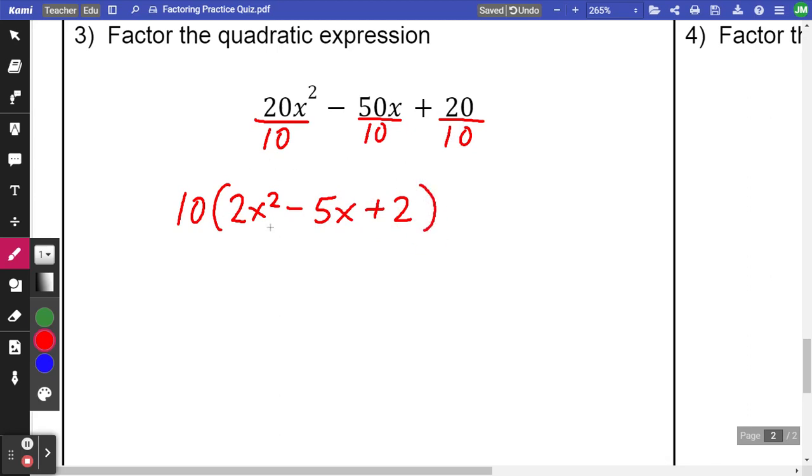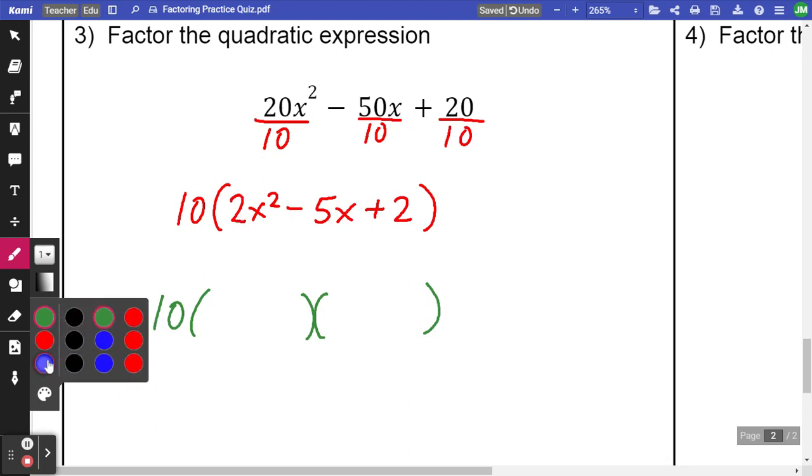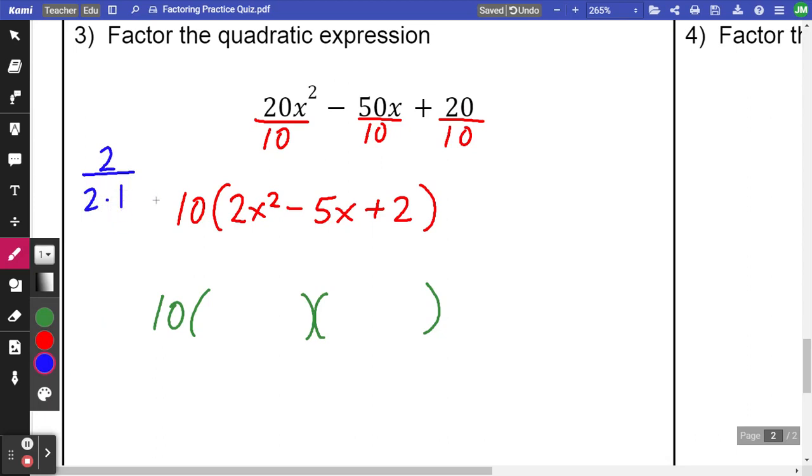And I'm just looking now at the inside. So to create an empty set of two binomials. And so you notice that a is greater than 1. Okay, so we need to list out the factors of a, which are only 2 times 1.